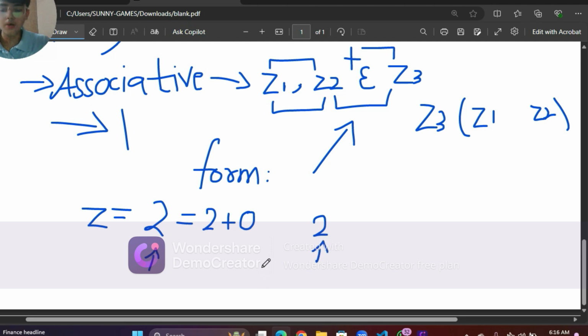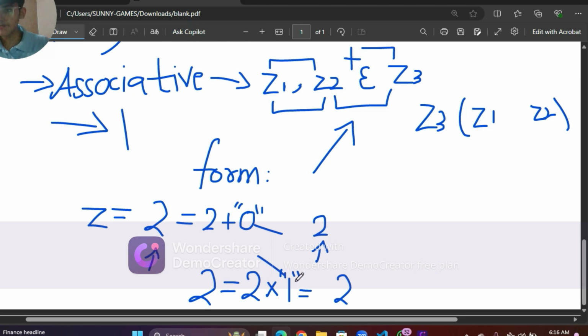And the multiplicative identity is my 1. If I do 2 multiplied by 1, that gives me 2 again. So 0 and 1 are my identities: 0 is called my additive identity, and 1 is called my multiplicative identity.